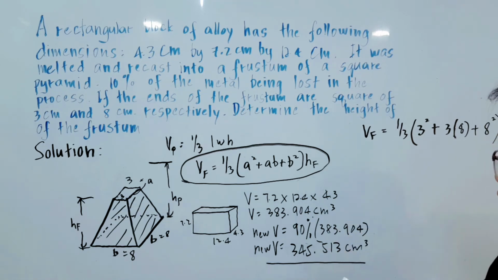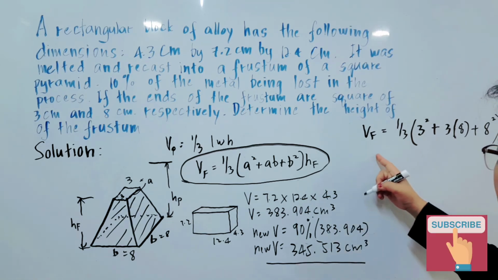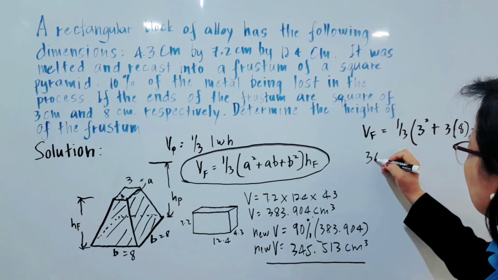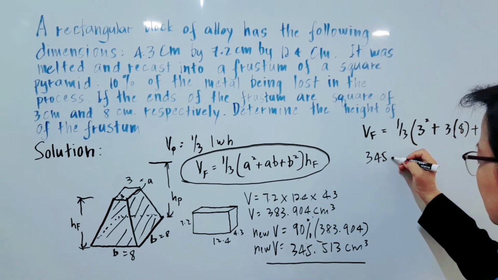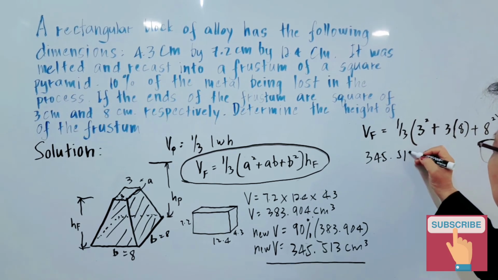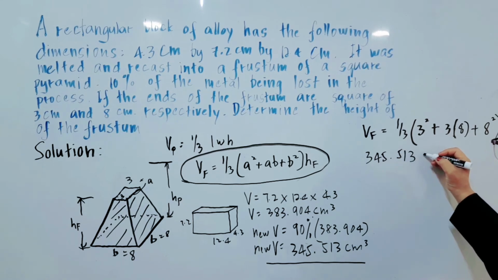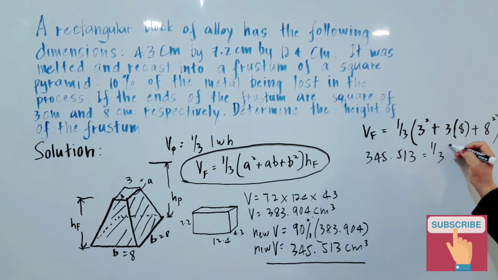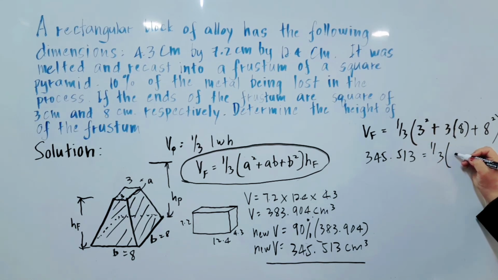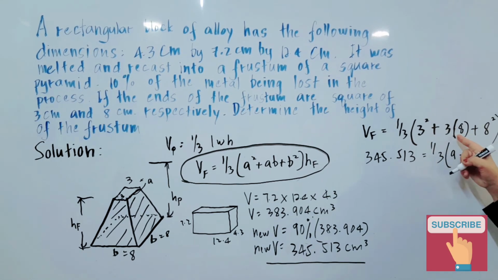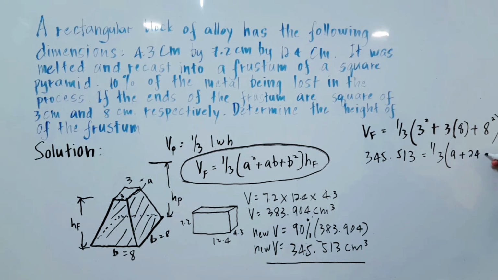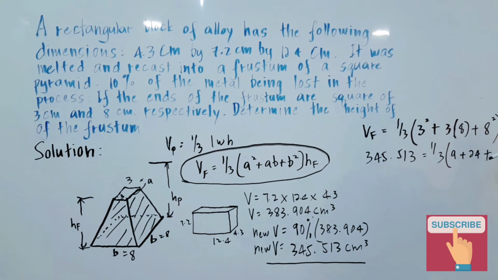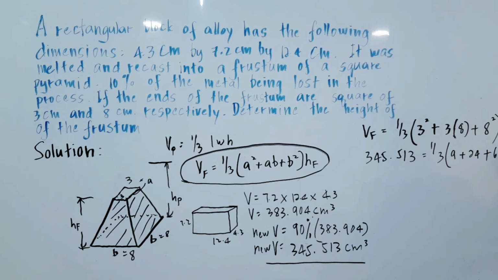Therefore, substituting the value of the new volume, 345.513 is equal to 1/3 times 3 squared, which is 9, plus 3 times 8, which is 24, plus 8 squared, which is 64, times HF.